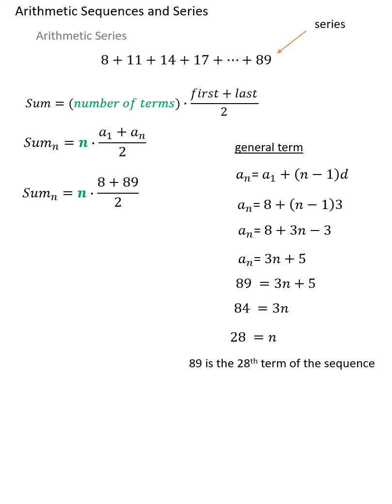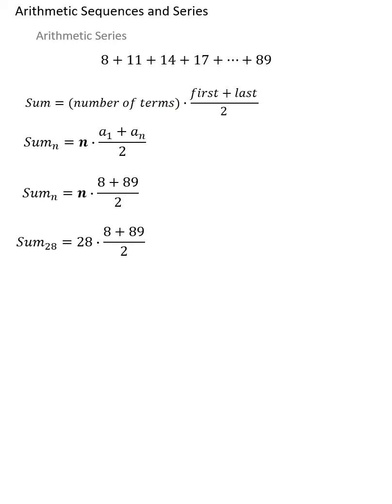Let me put the plus signs back. So equivalently, we can say that this series has 28 terms. And I've now utilized the general term to find the number of terms in this series. And I can now replace n with 28. And now I'm going to find the sum of the first 28 terms.